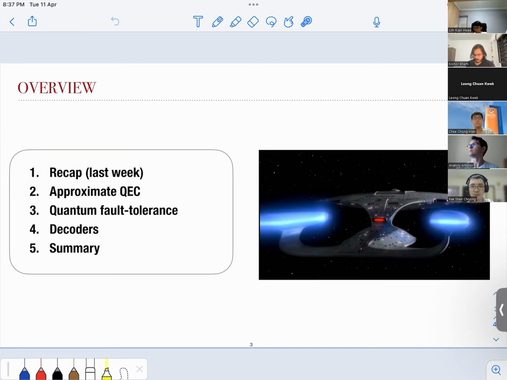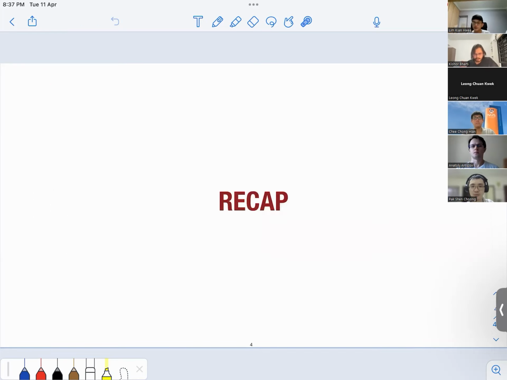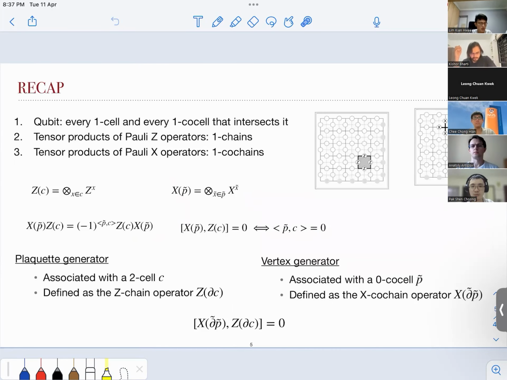Okay. So just as a recap, last time we discussed, in the topological language, what is a qubit. Basically, it lies at the intersection of every one cell and every one co-cell. One co-cell is just the dual of the one cell.